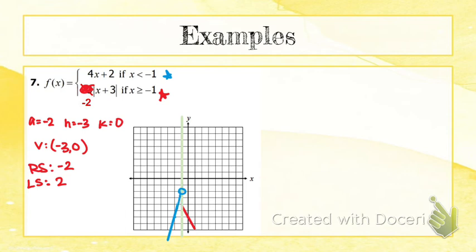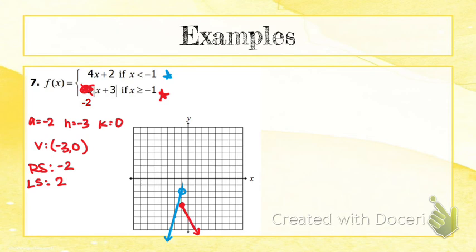Okay, so our red function is allowed to equal -1. So we will have a closed circle at the point where it equals -1. And then we will draw our arrow the rest of the way. So this is your answer. You don't actually have to include the green line. It's not part of the answer, but this is.